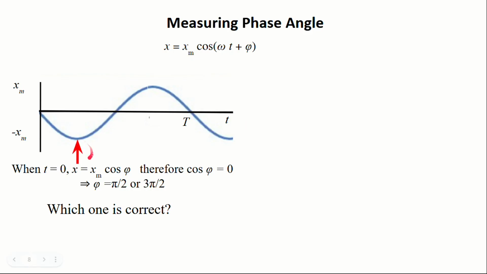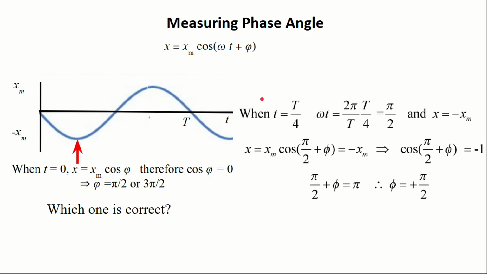So what we can do is maybe just pick one singular point on this curve here, and then we ask ourselves, this point here is going to be equal to a quarter of the period, so that's t is equal to a quarter of the period. And we can evaluate omega t, and that's going to be equal to 2 pi over your period, times your period over 4.